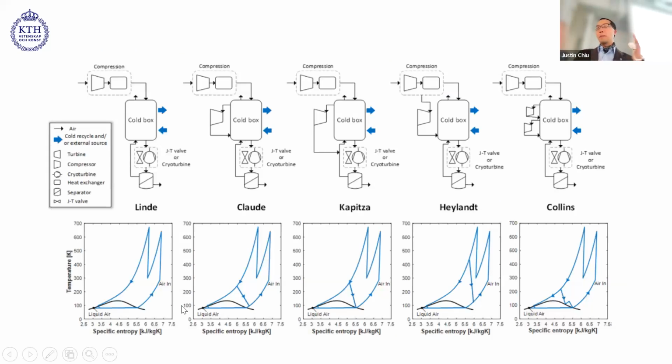And then how do we make liquid air? So here I'm showing you some processes. There are different ones: Linde, Claude, Kapitza, Heylandt, Collins. Basically, we compress our air, so we get high pressure and high temperature. We cool down, so it remains at high pressure.